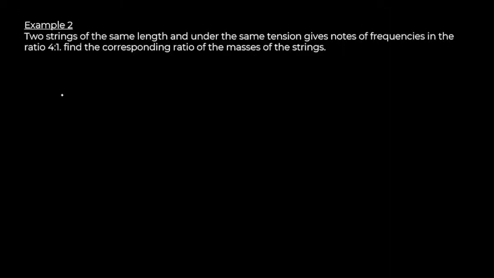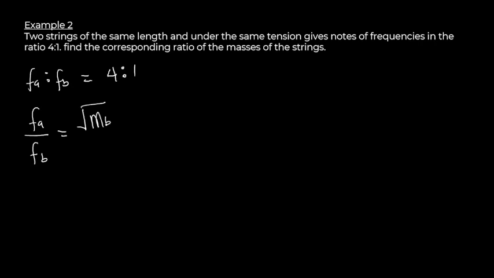We've been told that the ratio of frequency A to frequency B is 4:1. We've established in the first case that the ratio of frequency A to frequency B will be equal to the square root of the mass per unit length of string B to the mass per unit length of string A. This was the expression that we derived. So straight ahead we can go and solve this problem.